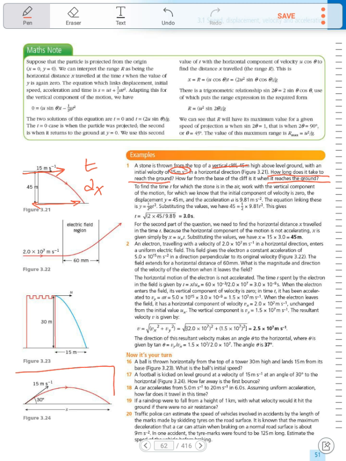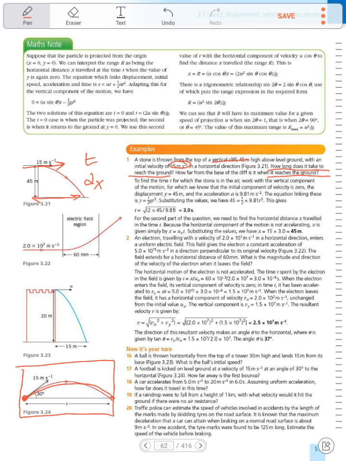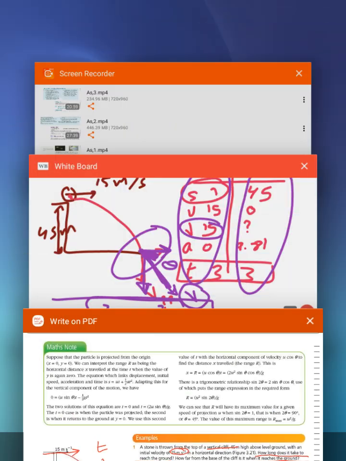What happens if I have a two-dimension motion like this? I push the object from the floor and it's back to the same point. Okay, let's take question 3.24. A football is kicked on a level ground at a velocity of 15 meters per second at an angle of 30.